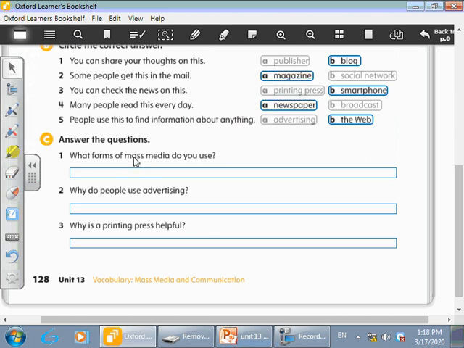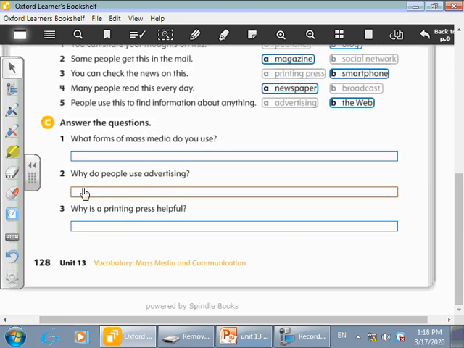Question letter C. Answer the questions. Number 1, what forms of mass media do you use? For sure, guys, we use different kinds of mass media. Most of us use television, radio, mobiles, and we sometimes check the newspaper. Why do people use advertising? Perfect. We use advertising, guys, to make people buy products that we want them to buy.